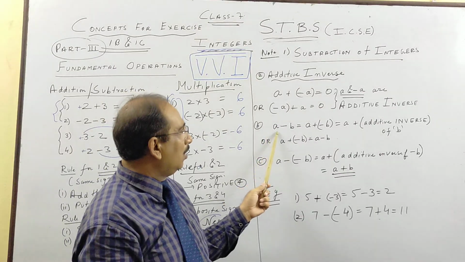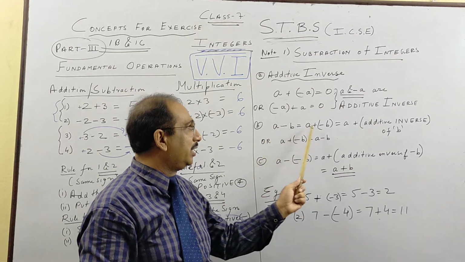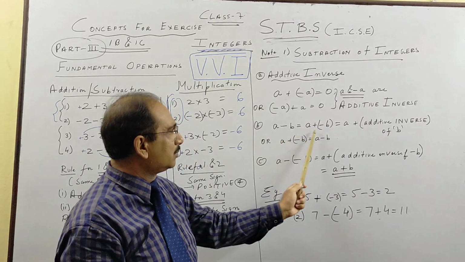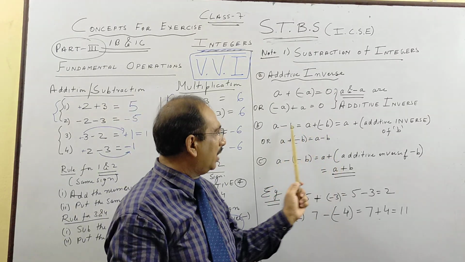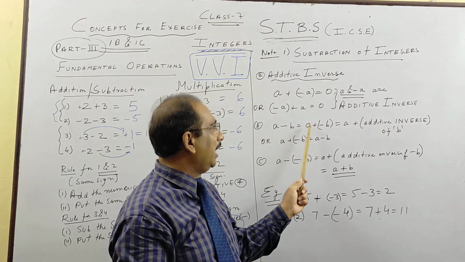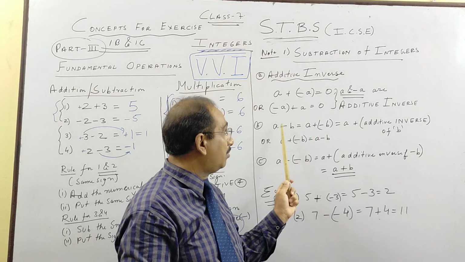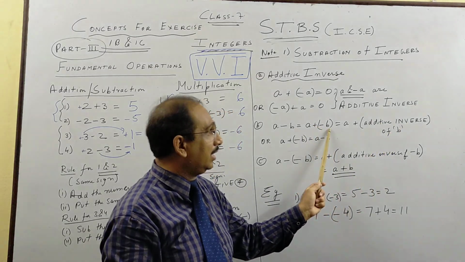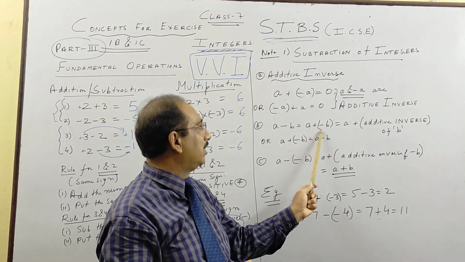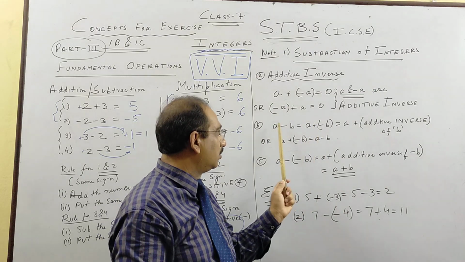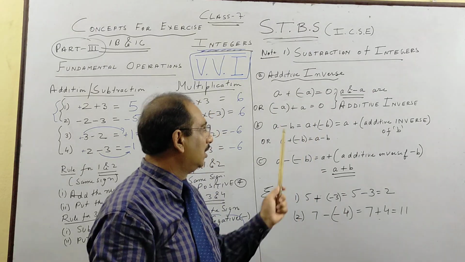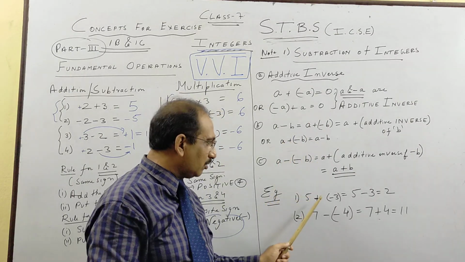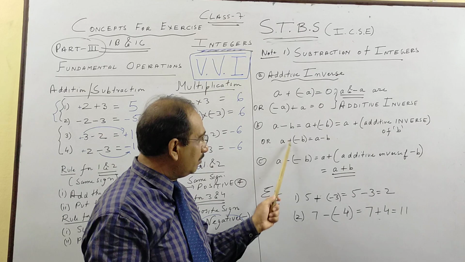Now see here, what is the concept of A minus B, or A plus minus B, like this we will have many times. What is this? Both things are almost same. A plus minus B means A added to minus B. A minus B means A added to the additive inverse of B. So you get A minus B. This is equal to this and this is equal to this. Here, same example we see.